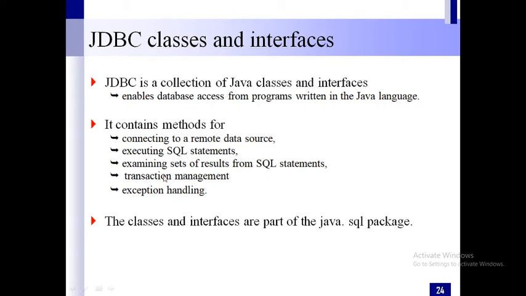So these are the different features, and for these features we have separate methods which are defined in JDBC. And all these classes and interfaces are included in the package called java.sql. So in this package, we have the classes and interfaces for JDBC and the different methods of these classes.